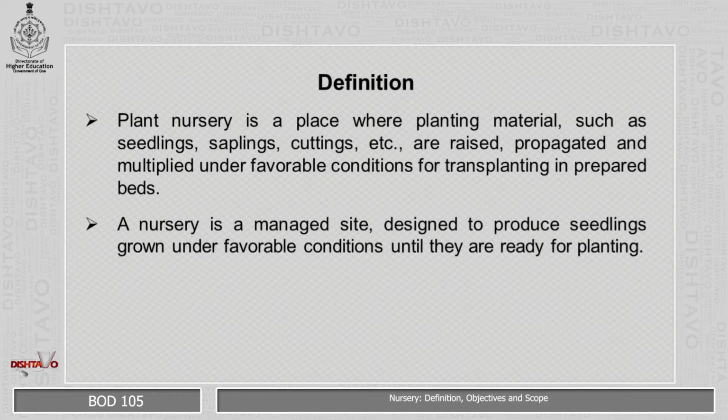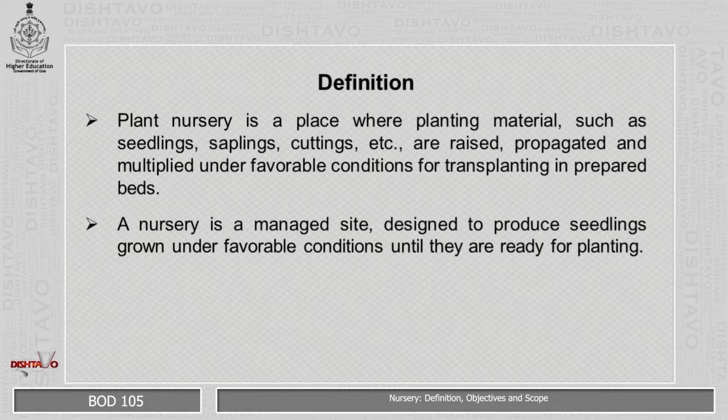So, a nursery is a place where these plantlets are raised, plants are propagated and multiplied, till they are ready for transplanting in the field. A favorable condition is provided for the young stages of the plant for them to grow.